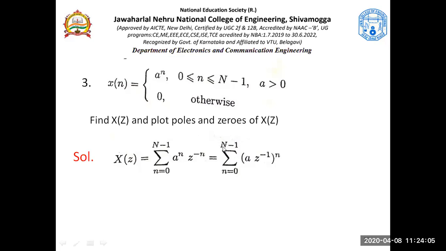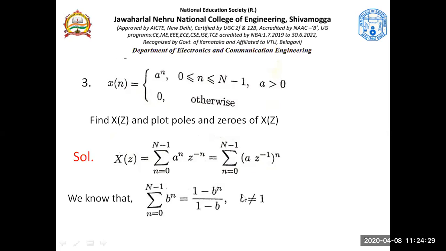So this capital N is unknown. When this capital N, which talks about the number of samples, is unknown, we need to use the standard summation again. Let's see how that standard summation looks. See here, this is the standard summation. a is greater than 0.